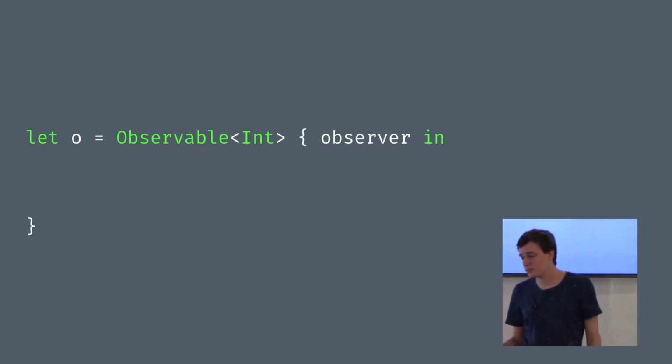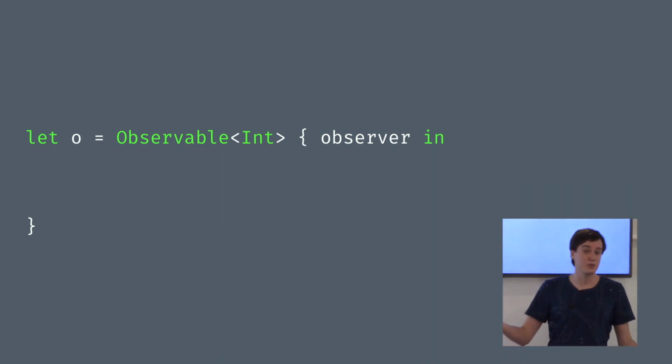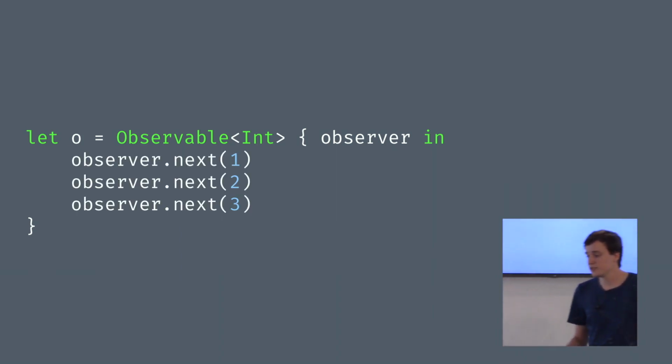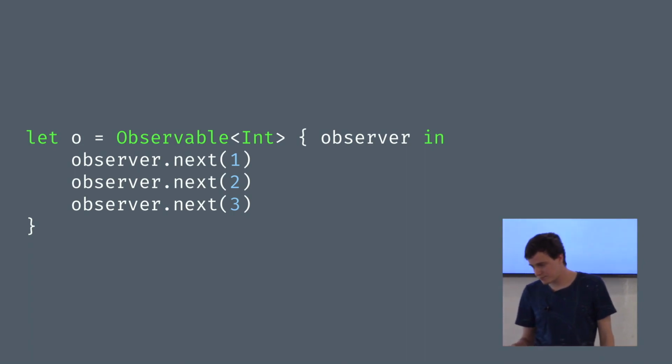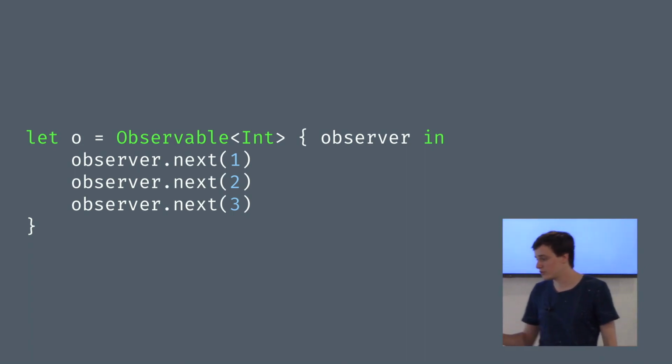So what can we do inside of here? What we could do is do something with the observer. The only thing we can do with the observer is call next on it. So let's try that. We could call next 3 times. This is basically a representation of a simple sequence 1, 2, 3 in reactive programming. For longer sequences, this becomes rather tedious, won't fit on the screen.